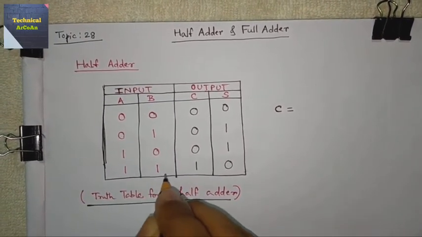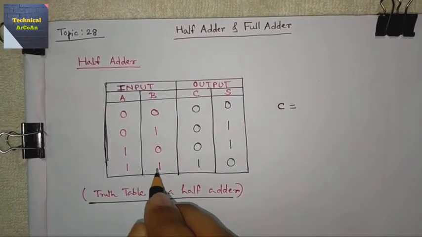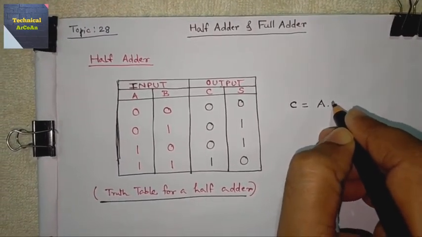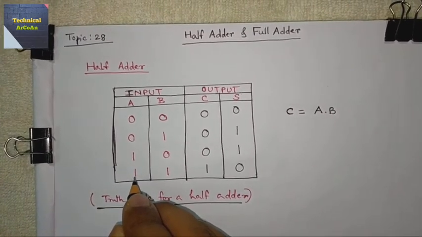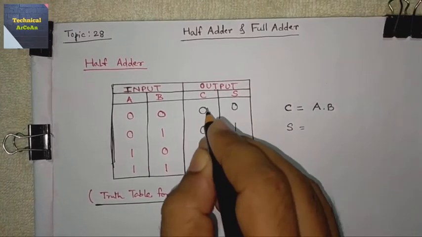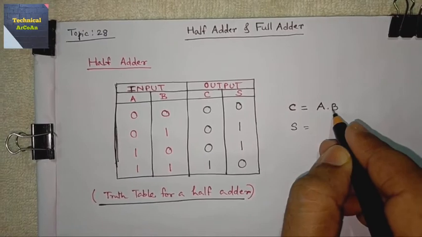Both are 1, so we get only A dot B as the product term, and for 1 the variable should be normal. And for C there is only one 1 present in that position, so we only get one product term.